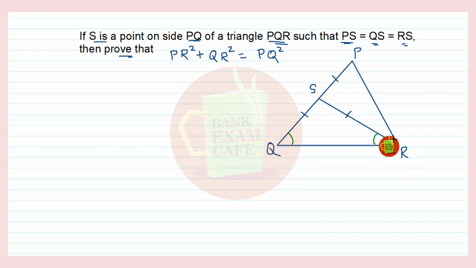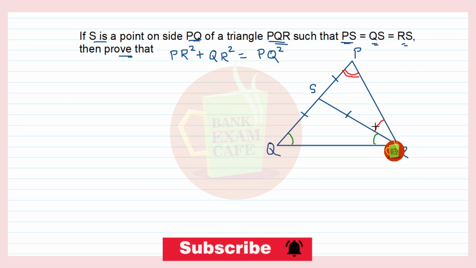These 2 sides are equal, and therefore the angles opposite to these equal sides will also be equal, and therefore angle P and angle R are equal. I write up to this.